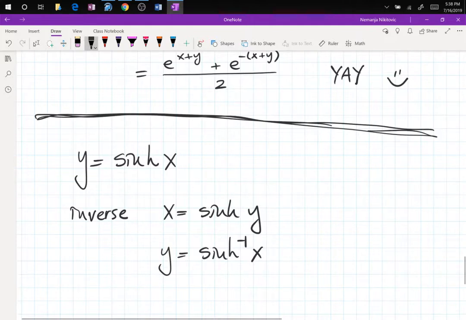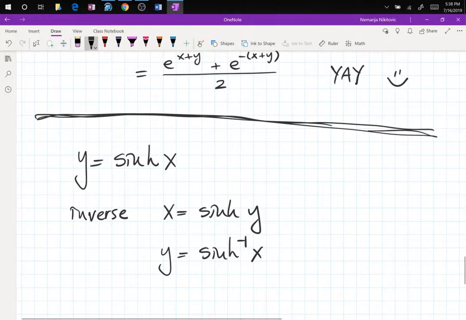Now, the derivation for this is given in the book. It takes some time and the knowledge of logarithmic functions and hyperbolic functions in order for you to do this.